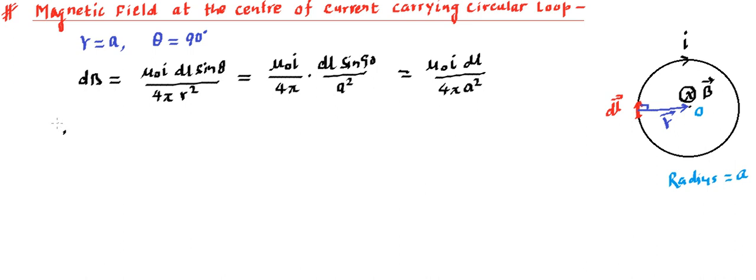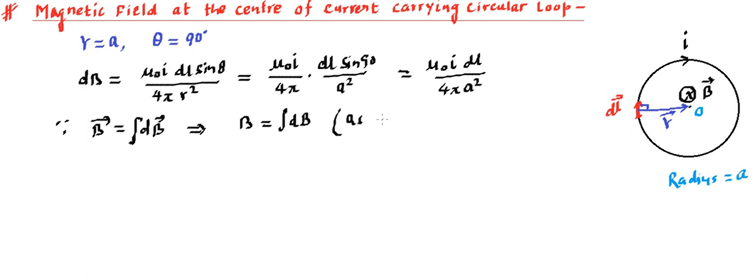So since we write like this, B vector is integration dB vector, here we can say that this is also going to be equal to B magnitude equal to integration dB magnitude. Mind it, this second part comes only if the direction remains the same.